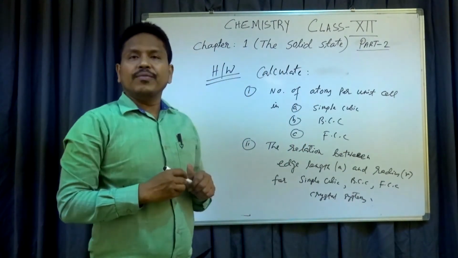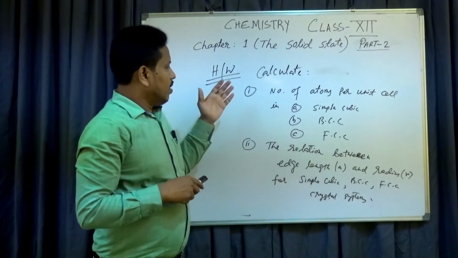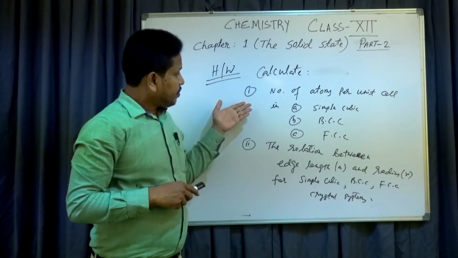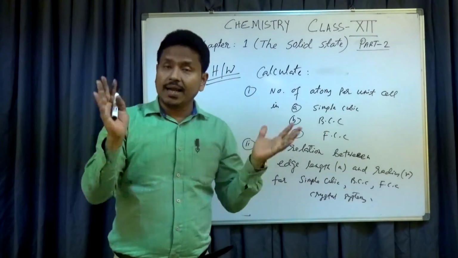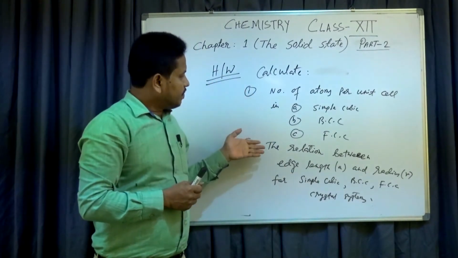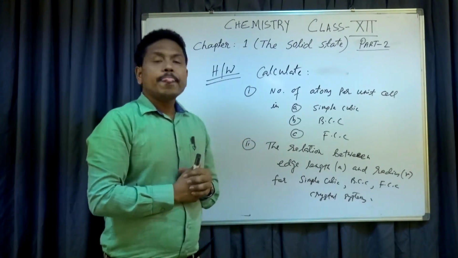So, two problems for you for today. These are the problems you have to do at home. Whatever I have discussed, applying the concept, you have to write these two problems I have given.